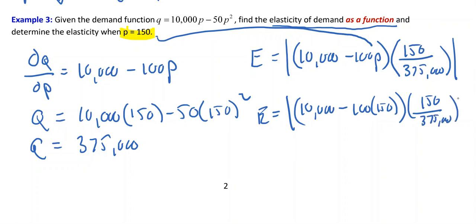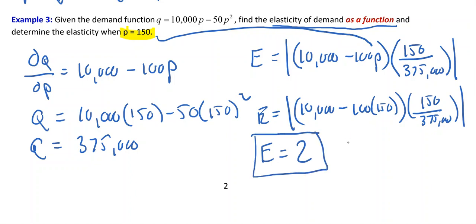And that ends up, plug that into Desmos or your calculator, and we end up with an elasticity of 2. That means for a 1% increase in price, we will have a 2% decrease in the quantity demanded.